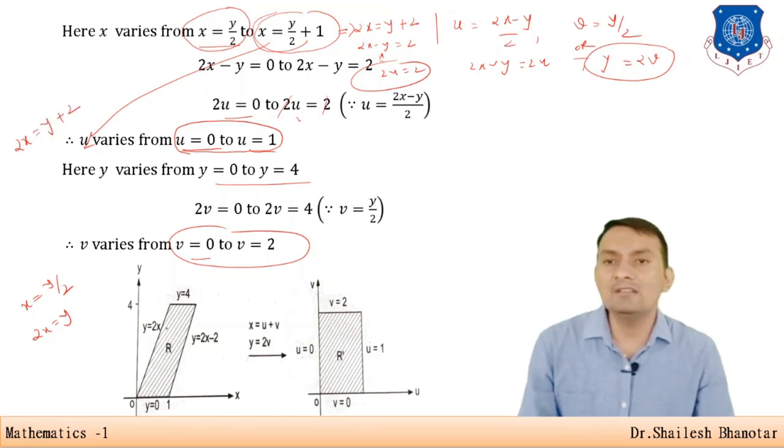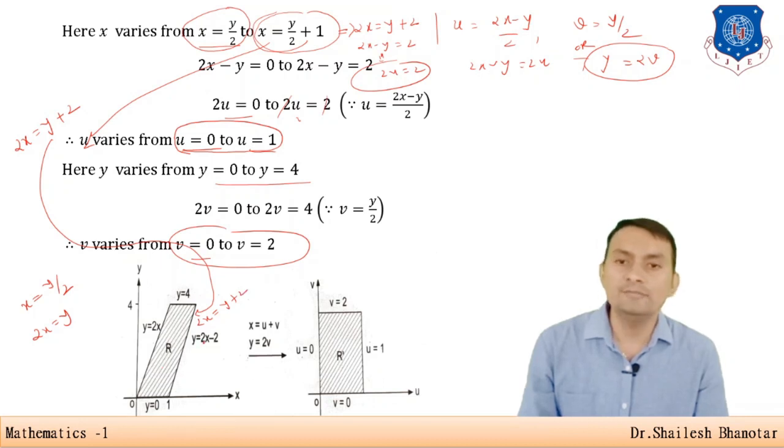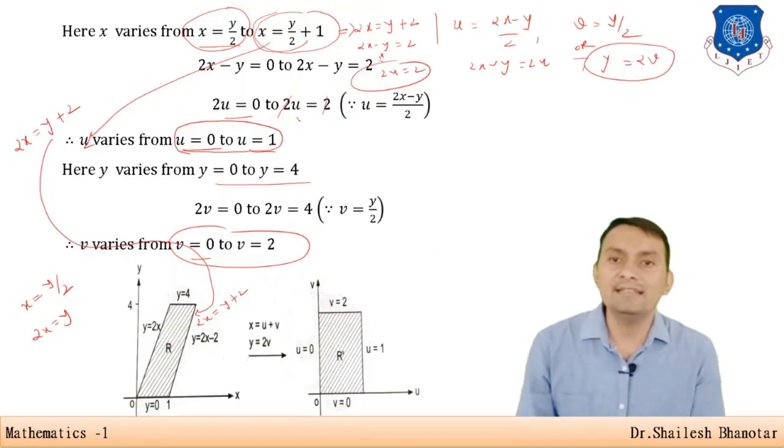But 2x is equal to y is this one, and this line is shifted by plus 2, so it will be here. It is shifted to the right side, so this is 2x is equal to y plus 2. So from this, y is equal to 2x minus 2. Another line says that y is equal to 0, and then y is equal to 4, and this is exactly our xy plane.